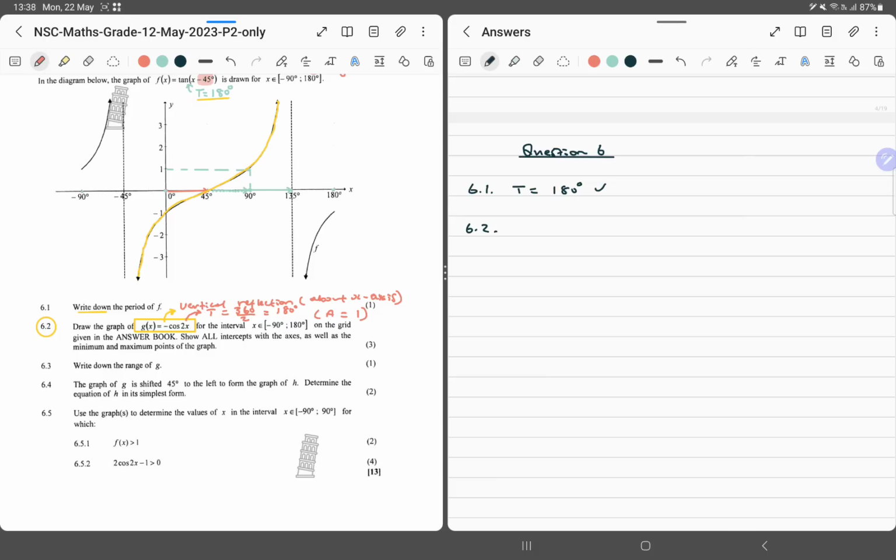It comes here at -1, because that's where the cosine graph goes. Then we go again for the next one. Usually cos of 90 is 0 itself, right? But now because there's a 2 there, we divide that 90 by 2, it becomes 45. So this cosine graph will be at 0 now at 45 instead of 90 as usual.